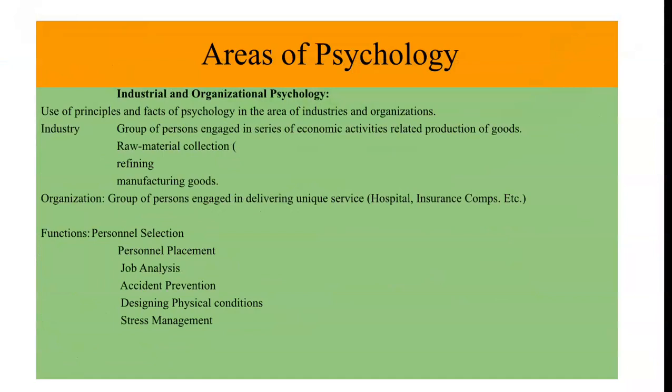Psychology is also used for job analysis after a person is appointed. The job analysis is done after one or two years so that the appointed person is given the most suitable place. It is also used for prevention of accidents, designing physical structure and stress management.